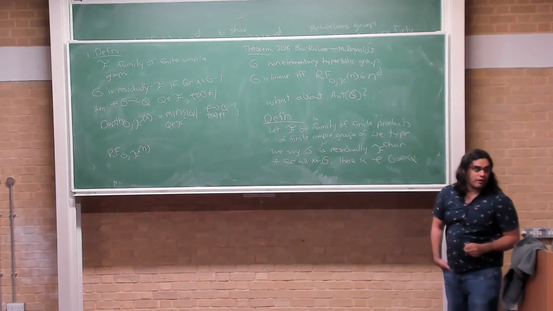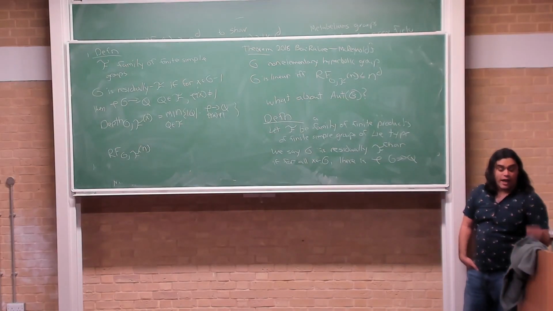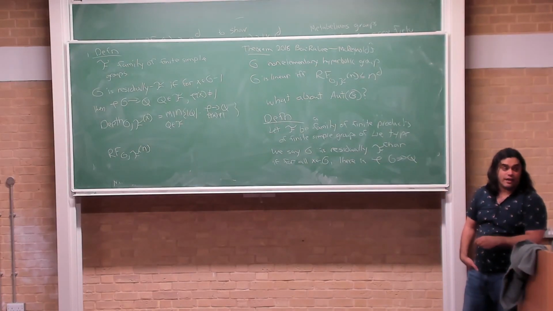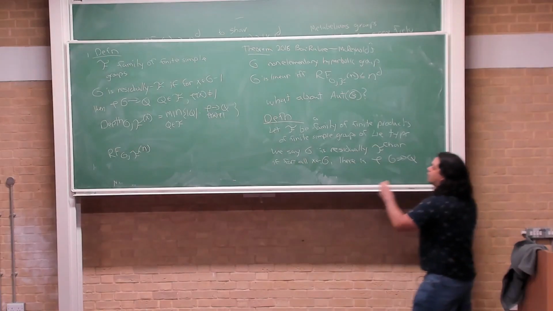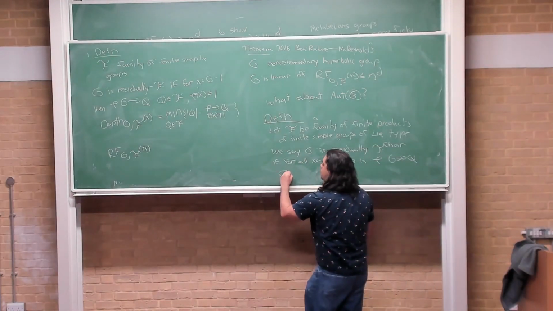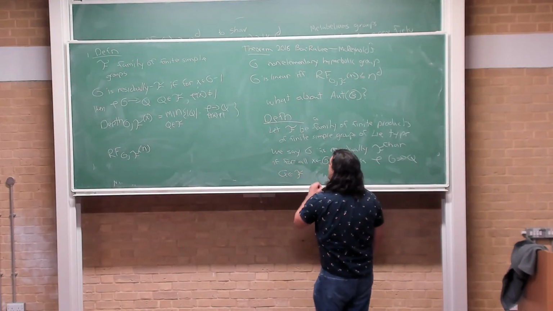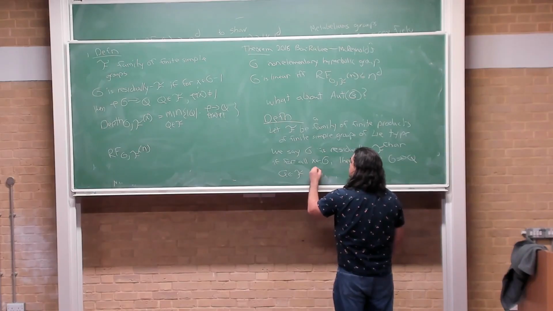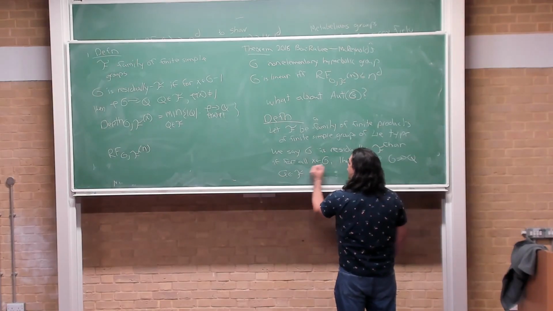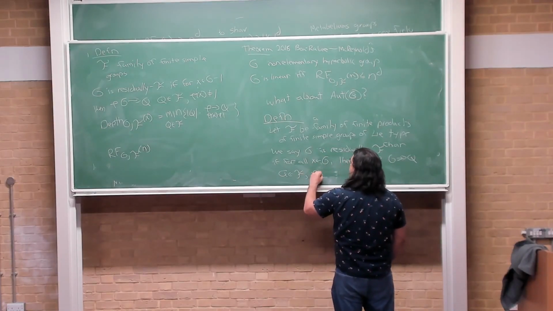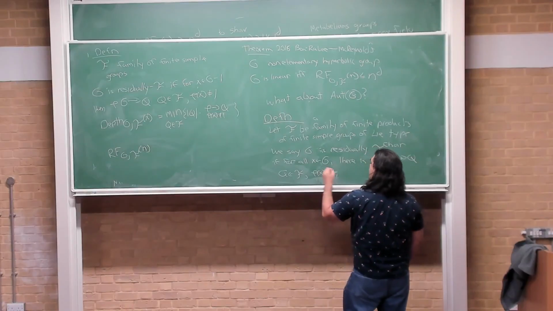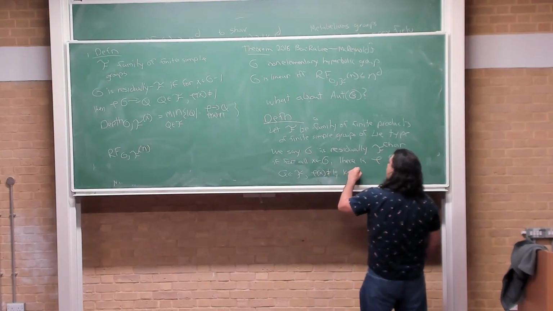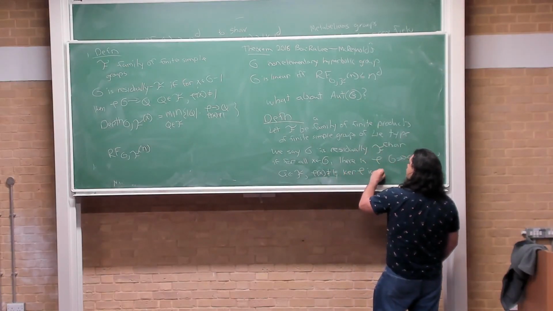This will be a key point later, and it will actually justify why we'll have to pass to finite index subgroups eventually. Where Q is in F, phi of x is non-trivial, and the kernel of phi is characteristic.